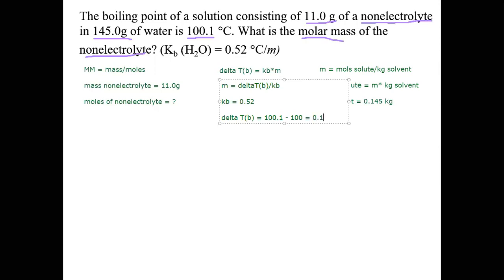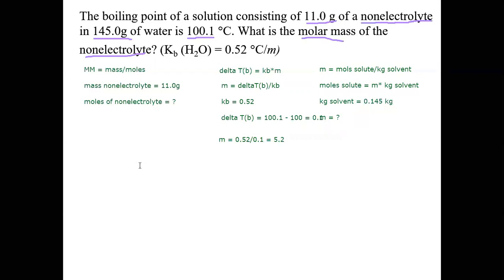So that means the change is 0.1. So now we have the KB, and we have the delta TB, which is 0.1. Now we can solve for the molality. So molality equals 0.52 divided by 0.1, and that equals 5.2. So the molality of this solution is 5.2 of this non-electrolyte.